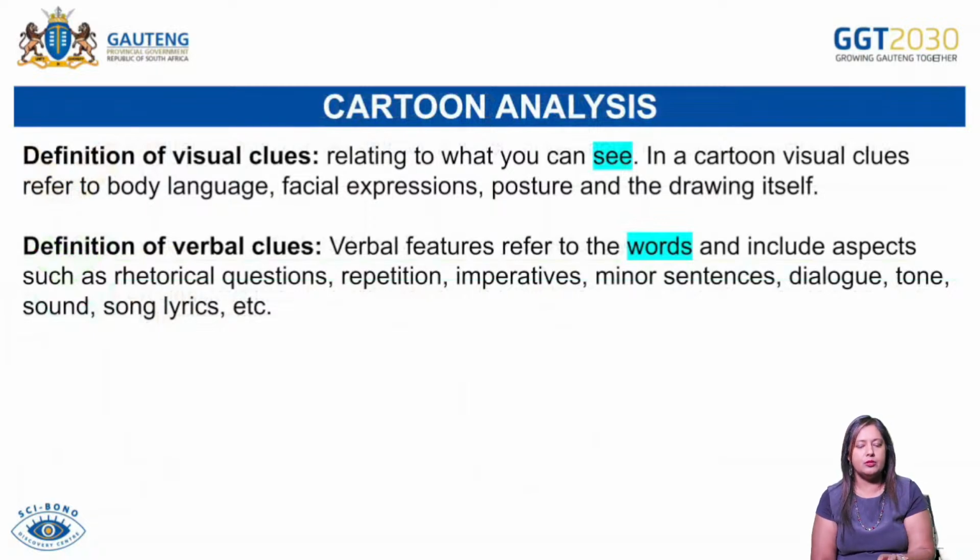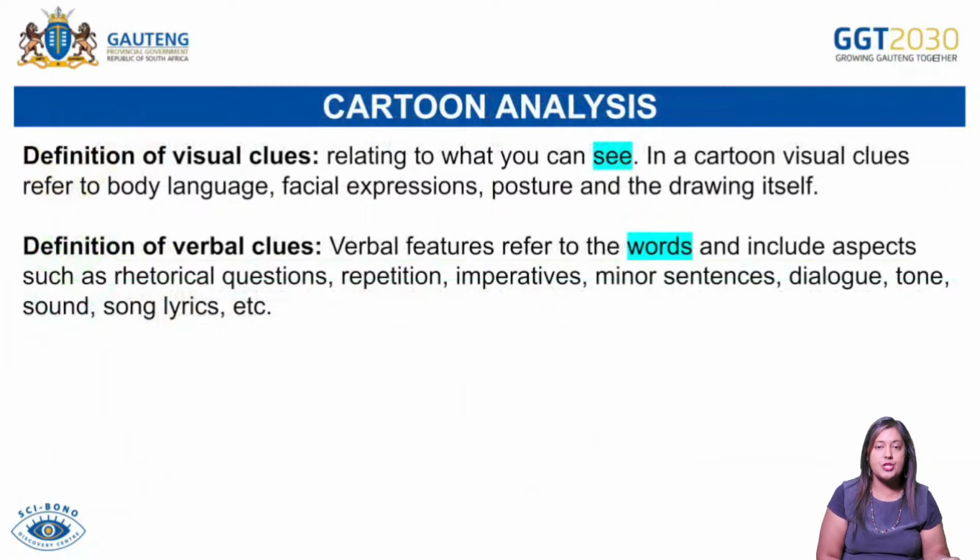Then the verbal clues are the words in the cartoon strip. This is where it's going to include aspects such as rhetorical questions being asked, maybe a repetition of a word or a group of words being used in the first frame and the second frame. All right?